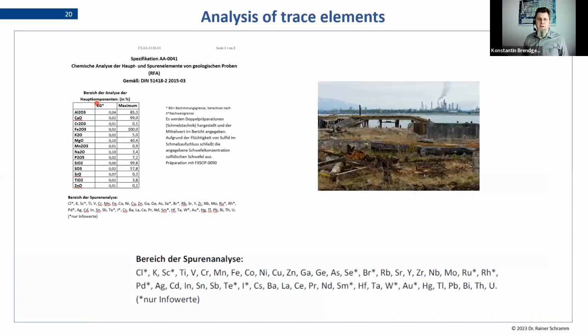Let's have a look at the trace analysis, and this is basically where it gets most interesting. As I said, these ones have changed a lot over the time. So in terms of our specification, again, this is German just because we didn't find that document in English. So this table we had before, and for us more interesting now is what analytes are considered trace analysis here.